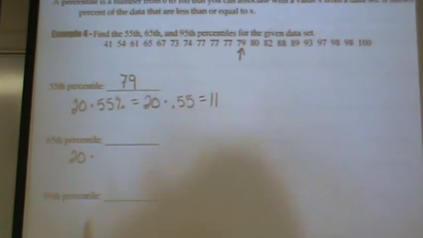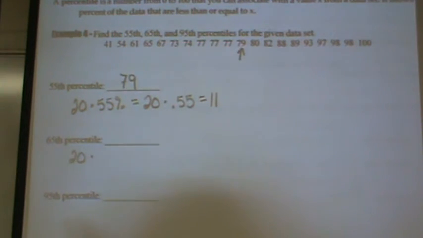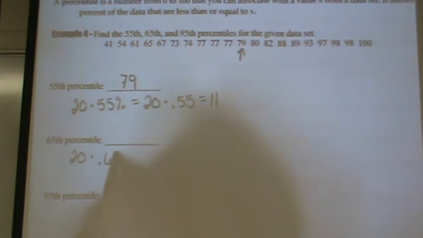So for the 65th percentile, we're going to take our 20, and now instead of 55%, we're looking for 65%. So we're going to multiply by 0.65. You get the number 20 because there's 20 values, right? Yes. Okay.